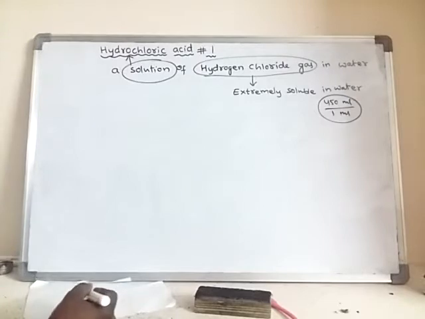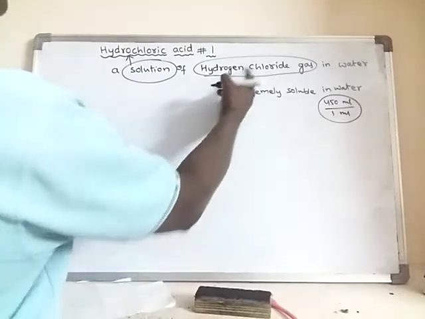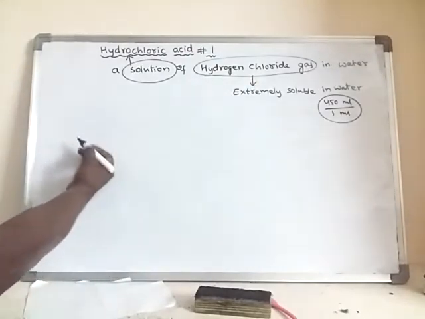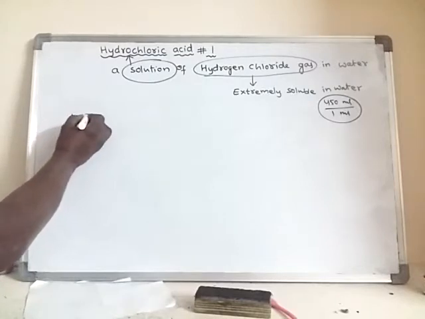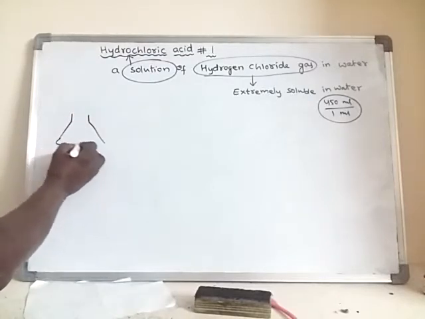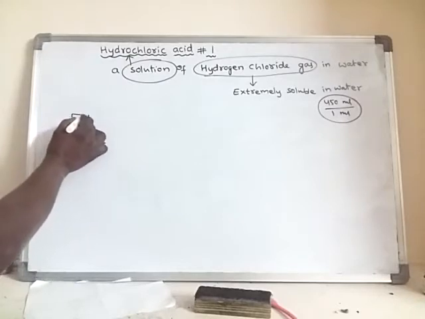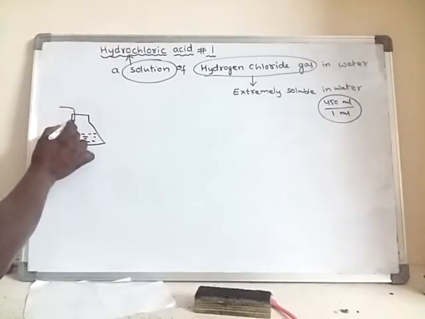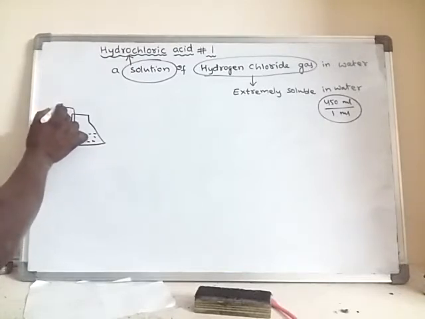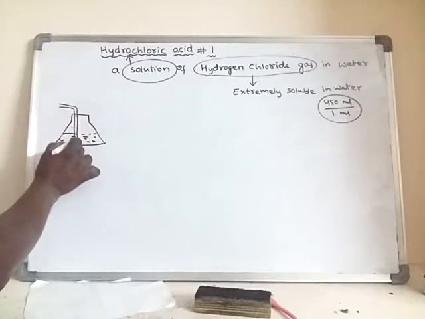Here, the hydrogen chloride gas which is produced in the laboratory comes from the flask, which contains concentrated sulfuric acid. There is a delivery tube.